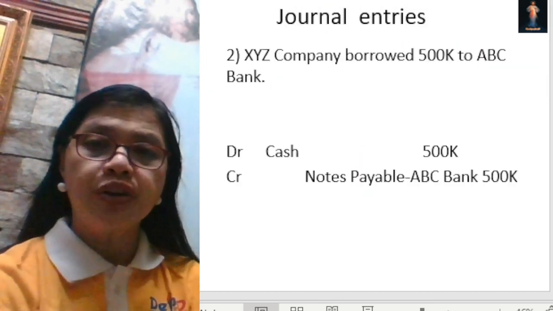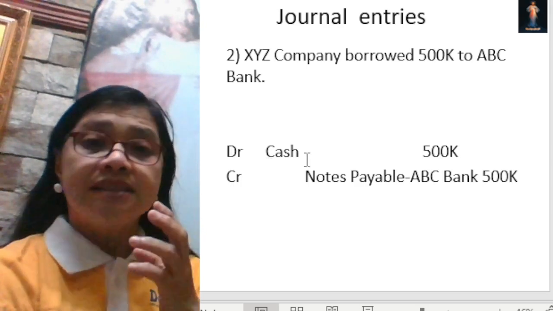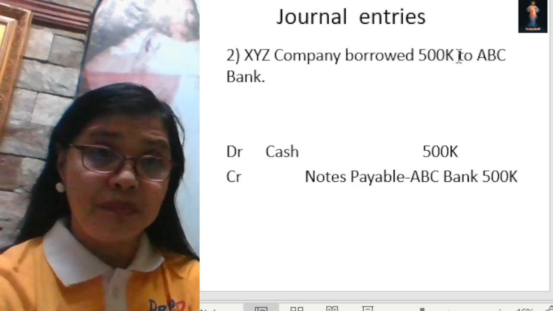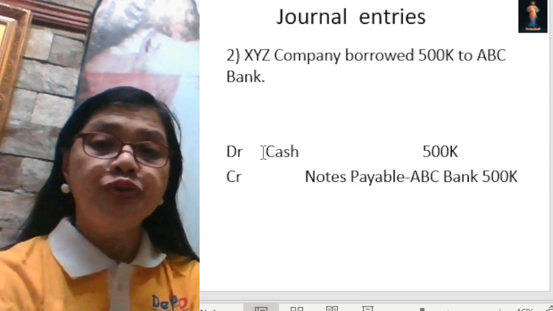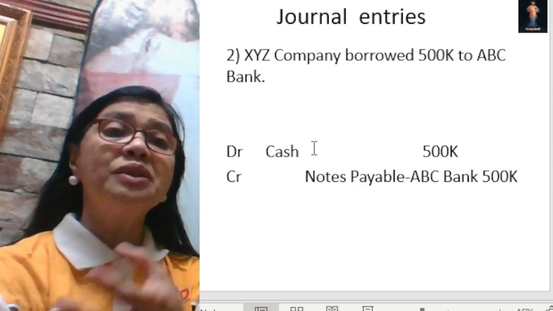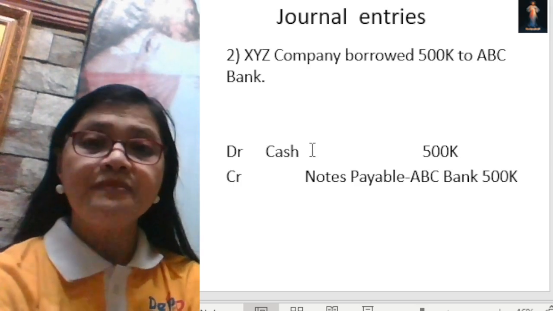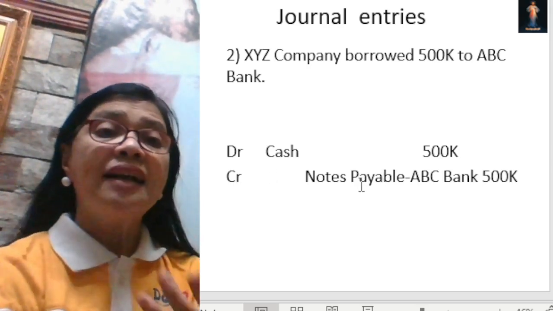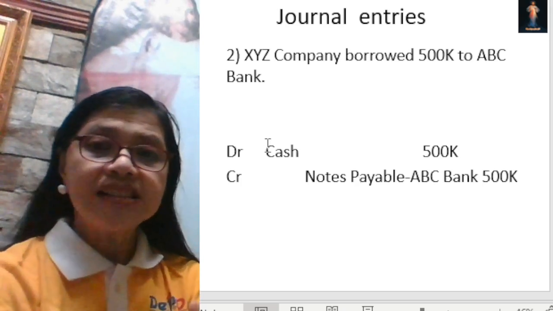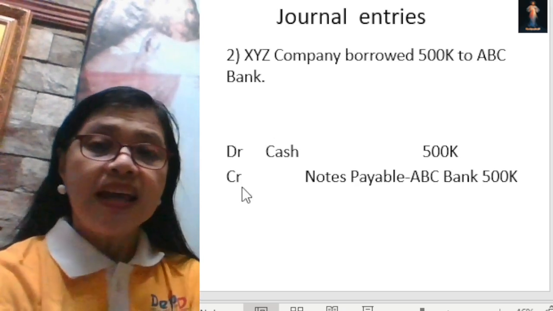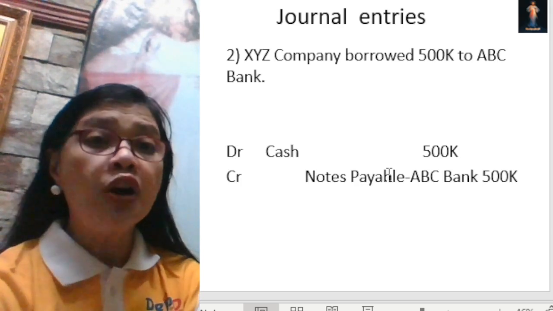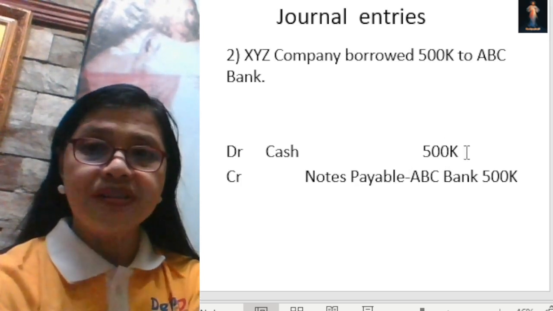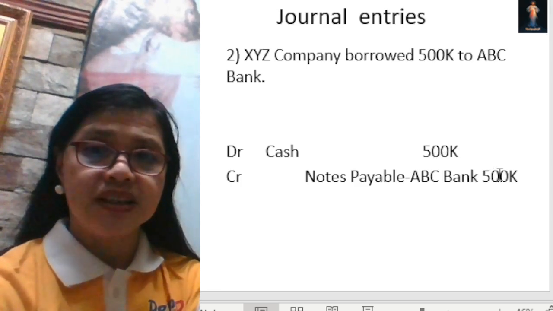Let's see the journal entry. Since you will receive cash from the ABC Bank when you borrowed money, you debit cash because you received cash. And you credit notes payable because you incurred a liability. Cash has a normal debit balance and liability has a normal credit balance with the same amount, 500,000, 500,000.